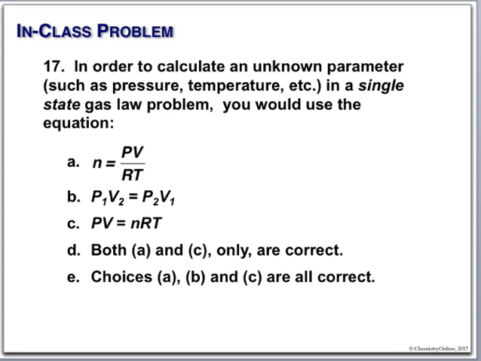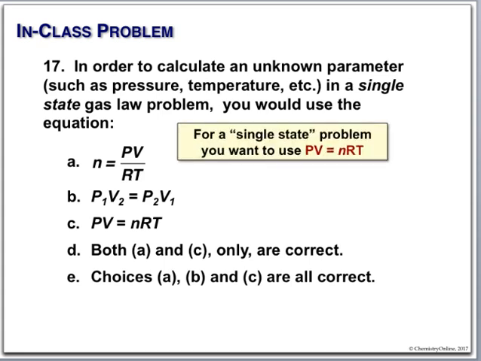The rule we remember is that for a single state, we want to use PV equals nRT. Remember PV equals nRT. Easy to remember, make a song out of it if you want. PV equals nRT. And by George, here's C: PV equals nRT. Well, that's simple.